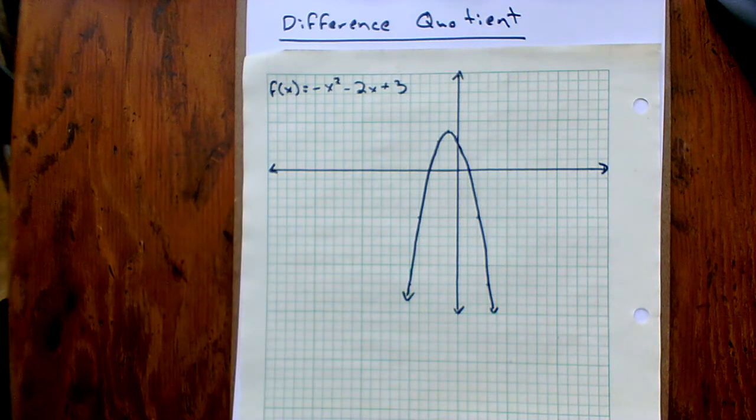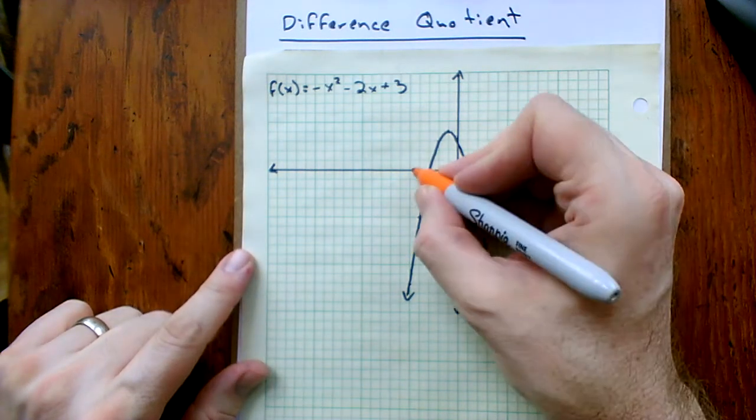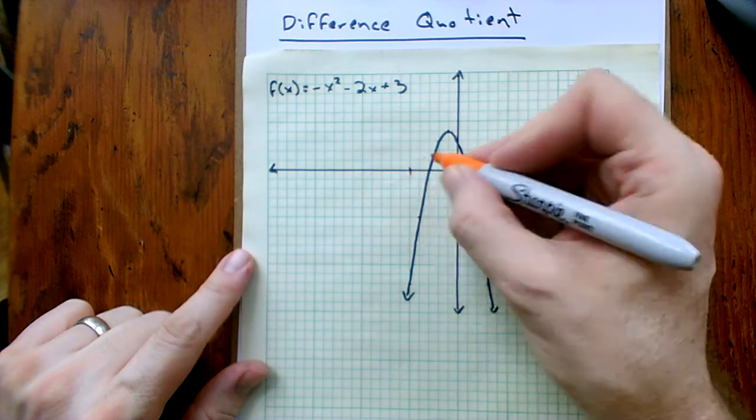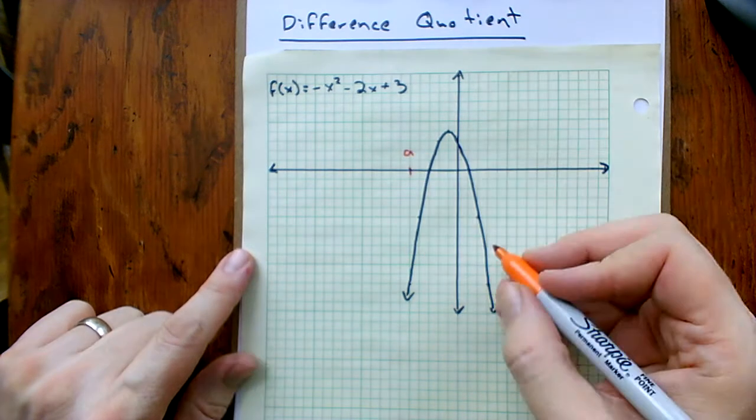And one of the things that we can do to simplify things a little bit is if I start with just some place on here, doesn't matter where it is. I could say, let's just have this value here of x, and I'll call that value a.